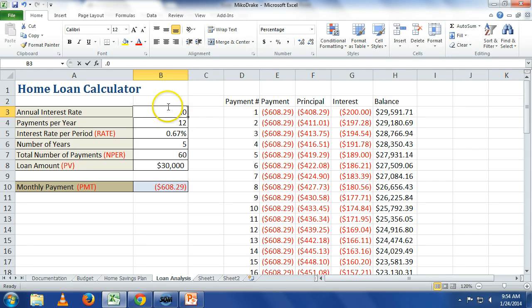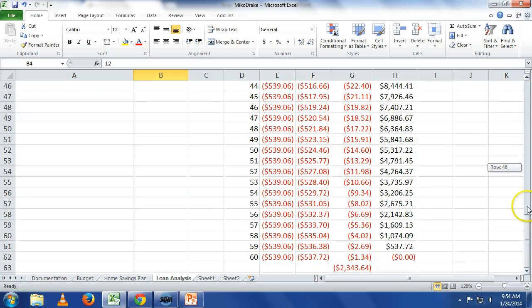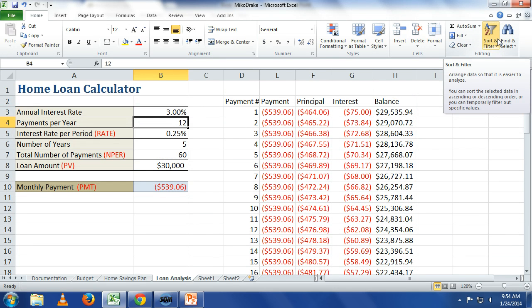If I get a nice rate, like 3%, it takes me the whole way down to $2,300. So I pay like half the interest, which is significant. Having a good credit rating is important for all those kind of things. But think about this. This is only over a $30,000 car loan. Imagine your mortgage. When you buy a house that's $200,000 over a 30-year mortgage, guess how much interest you end up paying? $100,000.